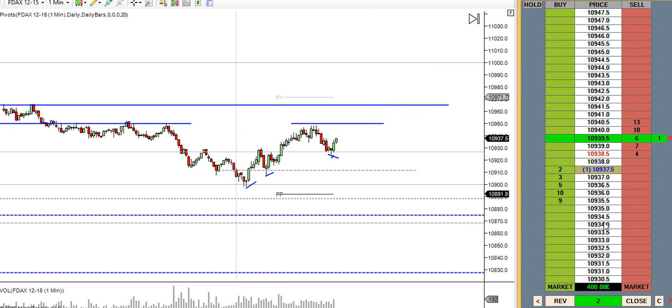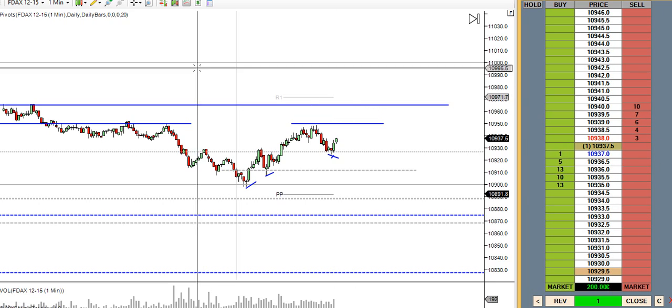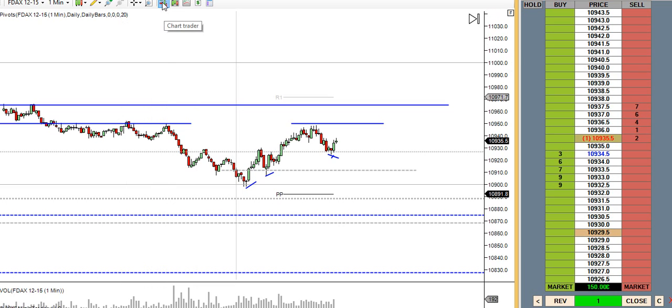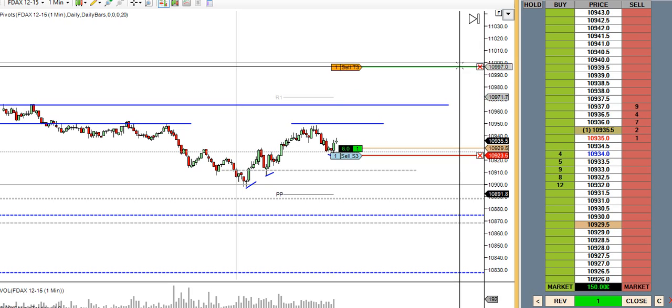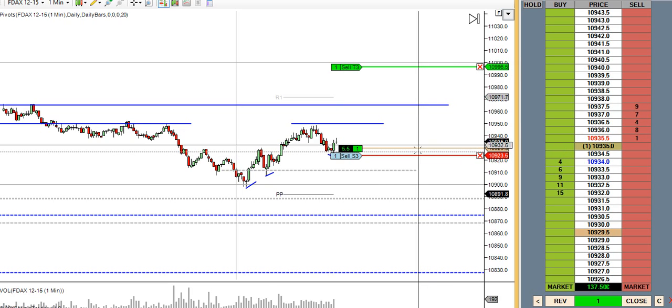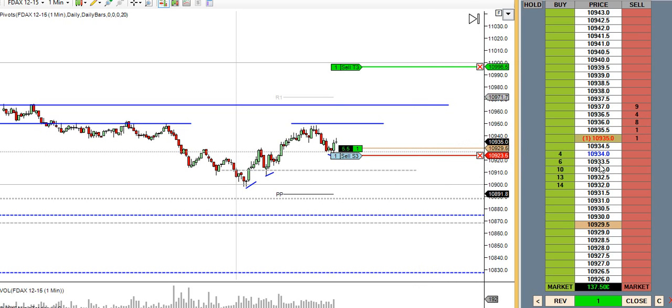So first target filled, let's see now about the second. Otherwise I'm just gonna close it manually. Okay, I closed the second target manually. Let's see now if we can hold this trade for a possible move up to 11,000. Otherwise I will just manually trail the stop behind, above the 30s, let's say.